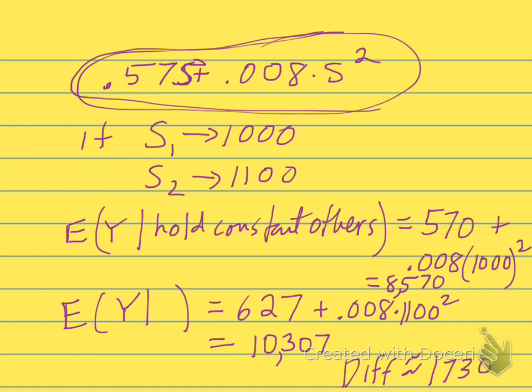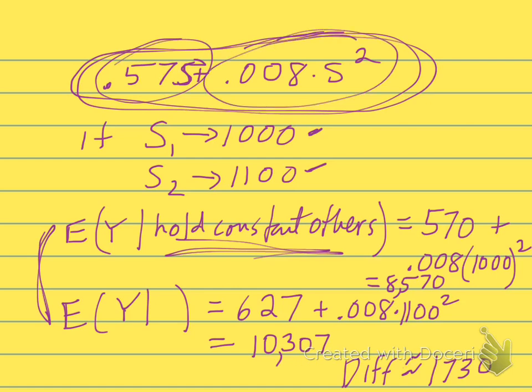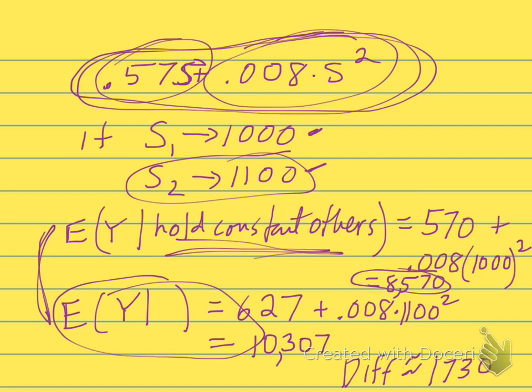So we have this quadratic expression, and then we can ask, well, if size is equal to 1,000 and then size increases to 1,100, what's the effect on the outcome? So we hold everything else constant, act as if everything else is just 0 for purposes of comparing the two, and we calculate 0.57 times 1,000 plus 0.008 times 1,000 squared, we get 8,500, and then we calculate the second version if the size were equal to 1,100: 0.57 times 1,100 is 627, plus 0.008 times 1,100 squared, we get 10,037, so the difference is 1,730.